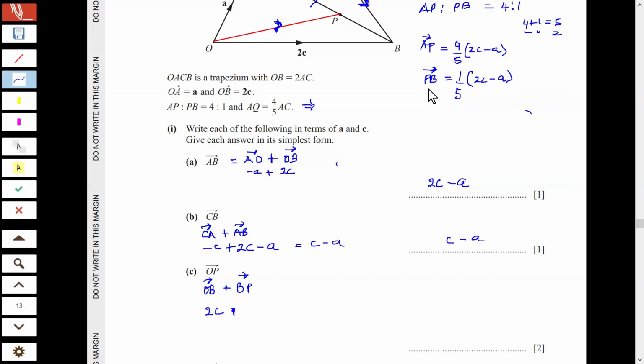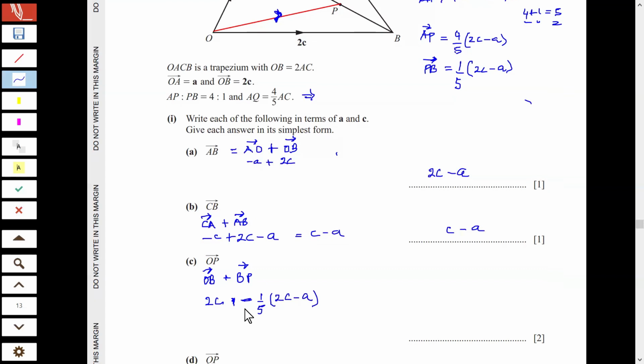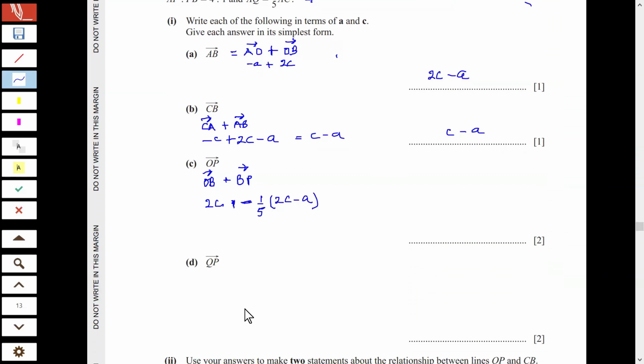If vector PB is 1/5 times 2C minus A, then BP will be the opposite, and becomes negative 1/5 times 2C minus A. Let's simplify this by writing 2C, then expand the bracket.